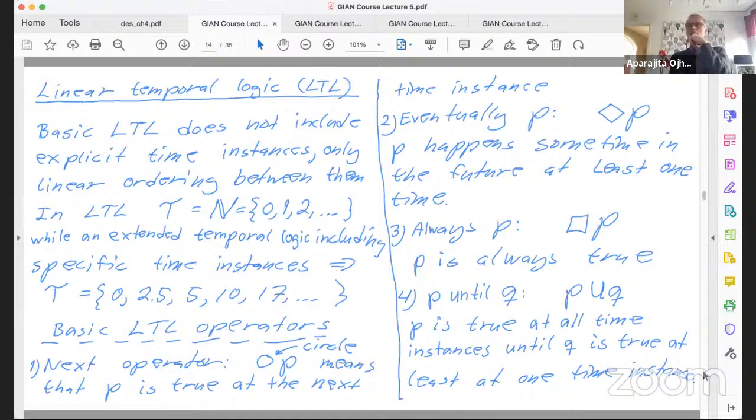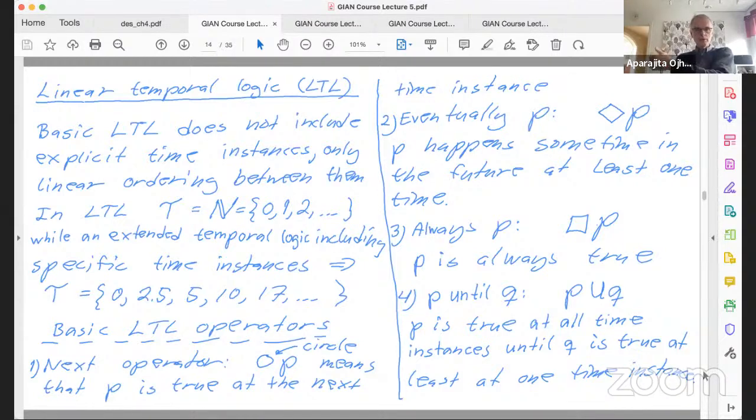In that case there is, for instance, one logic called signal temporal logic, STL, and there are also other similar logics. And you could even have timed LTL, and you could have timed CTL, as I come to soon here.